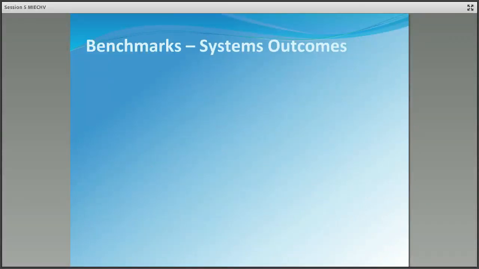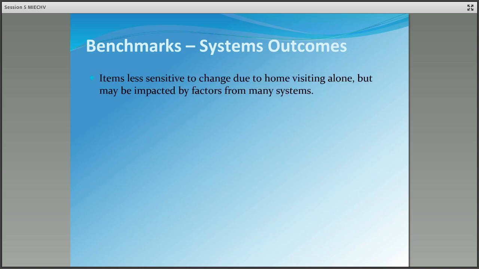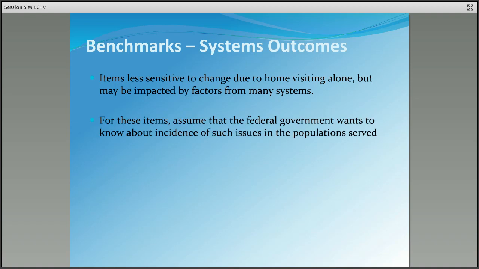The remaining items are systems outcomes. These items are less sensitive to change due to home visiting alone, but may be impacted by factors from many systems. In these cases, we can assume the federal government is interested in knowing about the incidence of these issues in the population it's serving. For example, we track and report on the rate of preterm birth among enrolled families, but we know that programs do not have all that much control over this incidence.